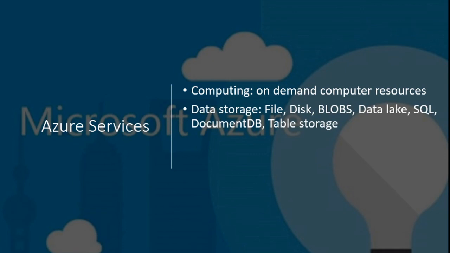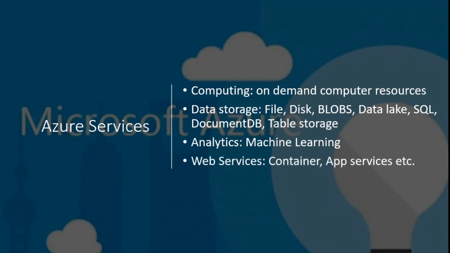Data storage: files, disks, blocks, data lake, SQL, Azure SQL, Document DB, table storage. Then you have analytic services like the machine learning integrated environment where you can develop the model. Then we have lots of web services, like containers and app service, to publish the solution.